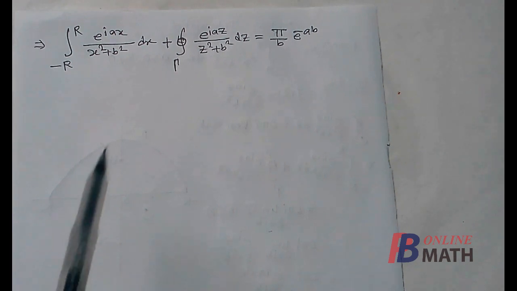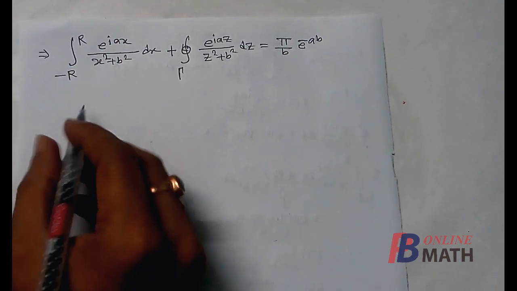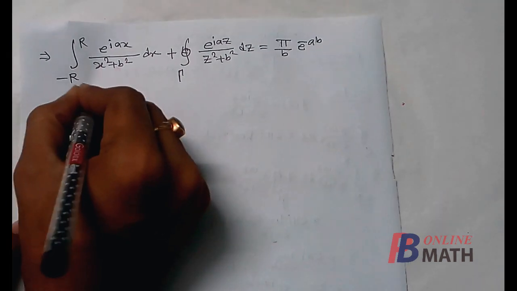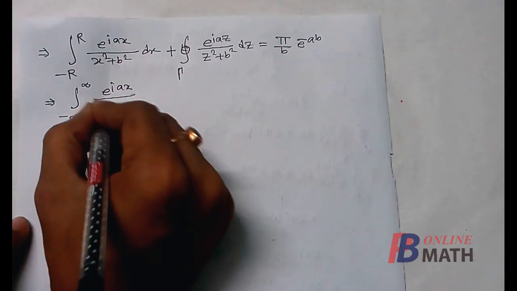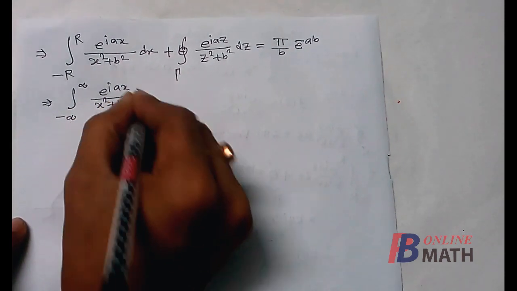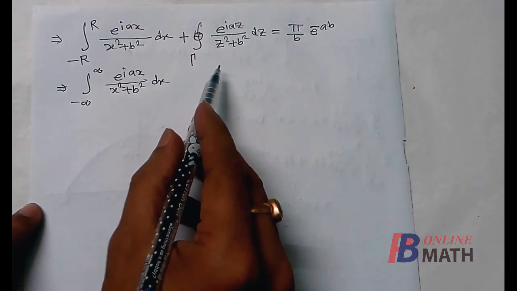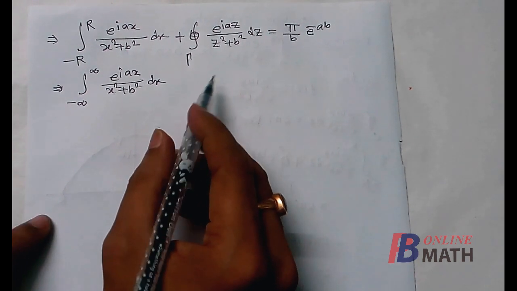Now if we apply R tends to infinity in this equation, then we find that this is equal to the integral from minus infinity to plus infinity of e to the power i a x by x square plus b square dx, and we have already obtained that the value of this integral tends to 0 as R tends to infinity.